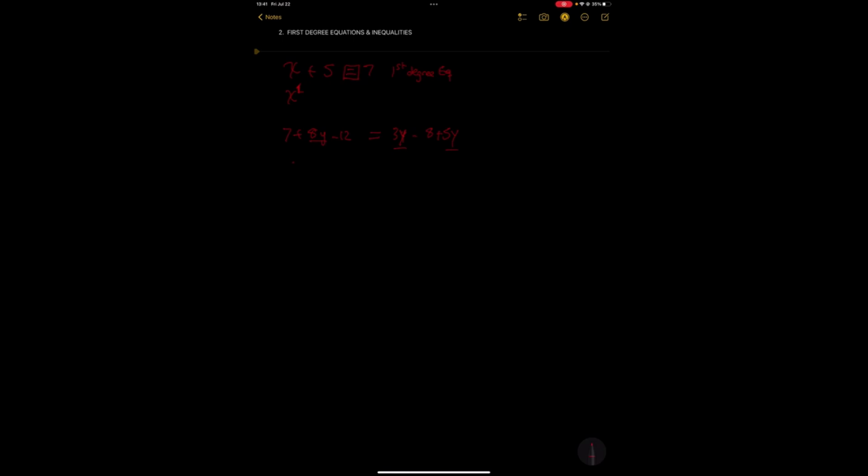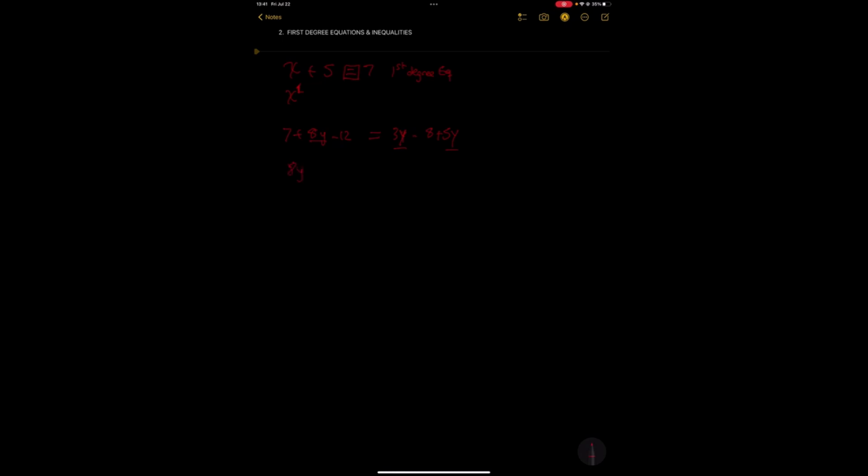When you're doing equations, you want to put all the variables together and leave the constants together. When you're moving anything, either addition or subtraction, from one side of the equal sign to the other side, you also have to change its sign. So here I have 8y already.